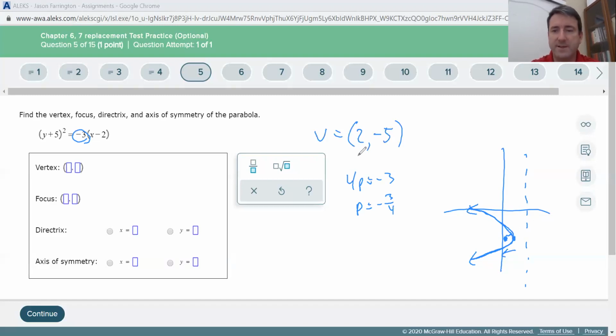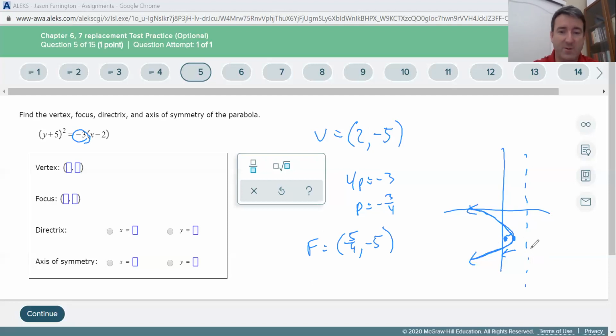So our vertex is at 2, -5. That -5 is not going to change, but the focus then is going to be 2 minus 3/4. So that's 1 1/4 or 5/4, -5.